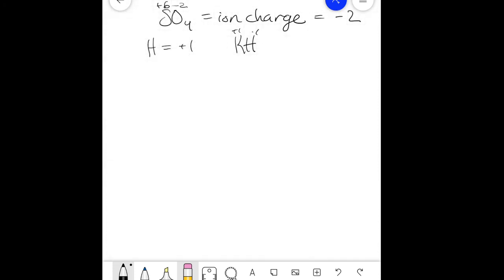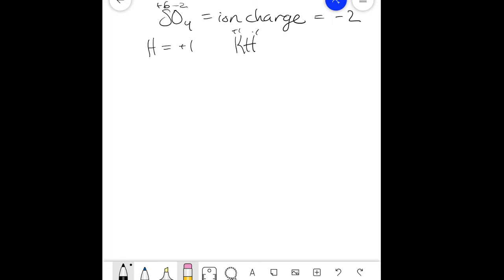So, generalization. Group 1, alkali metals are going to be +1. Group 2, alkaline earth metals are going to be +2. Group 3 is going to be +3. Group 15, 16 are going to vary. And then group 17 halogens in binary compounds with metal are going to be -1.